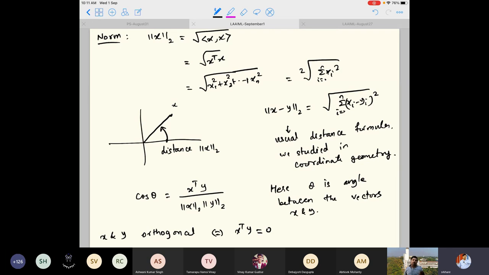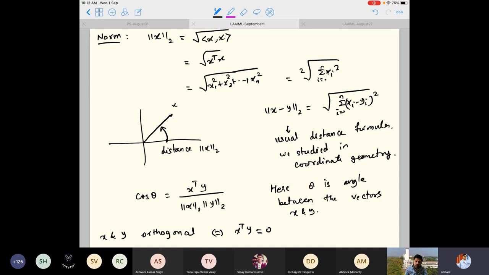Basically, you are looking at the plane which is spanned by these two vectors. If the vectors are not on the same line, then they will span a plane in whatever space, Rn. And in that plane, you can visualize the two vectors lying on it and the angle between them. That's what it really means. So that's how you visualize the angle between the vectors.